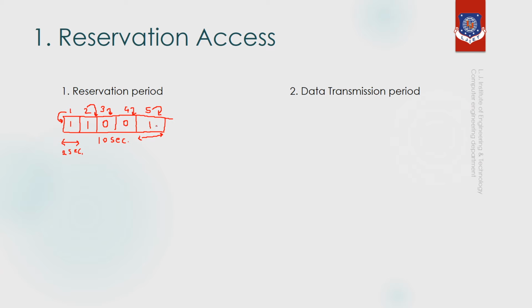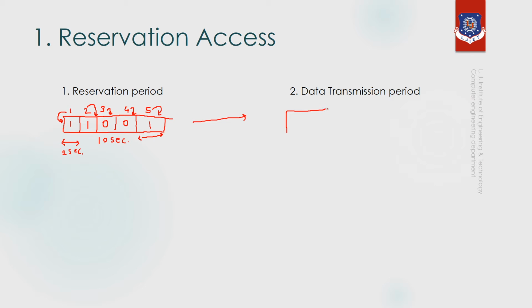After the reservation period, the period which comes is called data transmission period. And in the data transmission period, devices can send data only if they have made reservation in the reservation period. So as you can see here, device 1, 2 and 5 have made the reservation, so only these devices can send data during data transmission period.